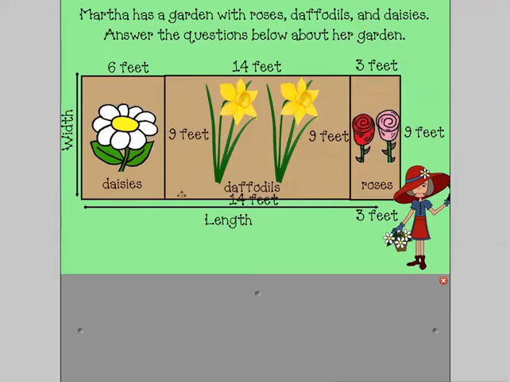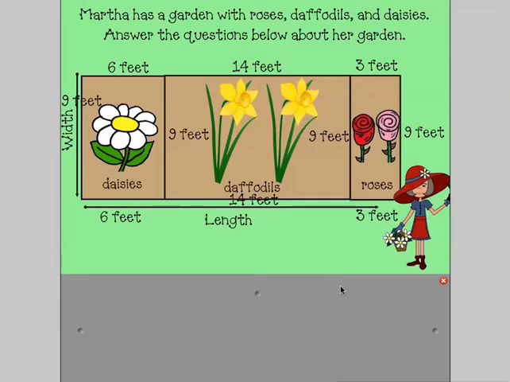So looking just at this little rectangle inside here, we've got 14, 9, 14, 9. Now, taking a look at her daisy section, I know that the top part of her daisy section is 6 feet, which means that the bottom has to be 6 feet as well. And if this side is 9 feet, you know that this side has to be 9 feet as well. So we've got a little bit more information now written down about Martha's garden.